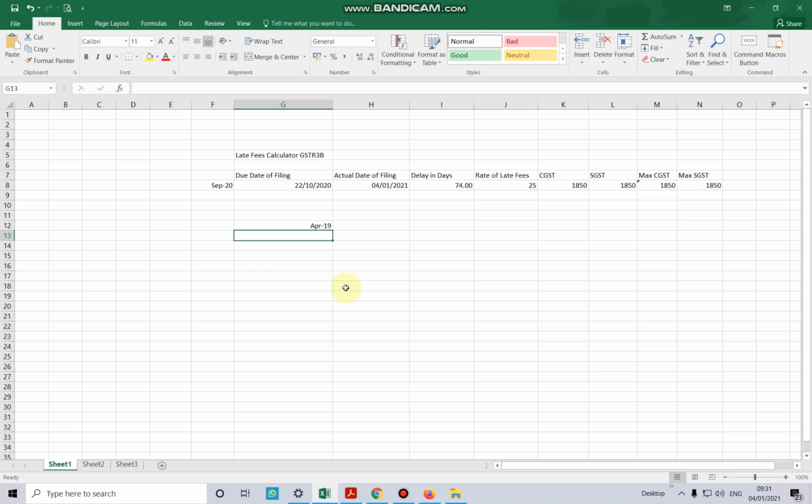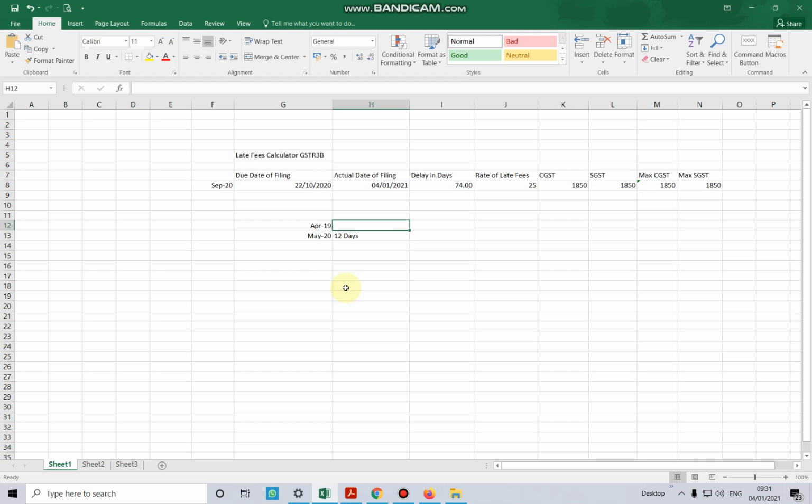If we tell them to calculate the late fees, suppose they are filing it in the month of January to May 2020. So it's around 12 months delay in filing the returns, because for the month of April 2019, May 2019 is the due date. Due dates fall somewhere in May 2019.